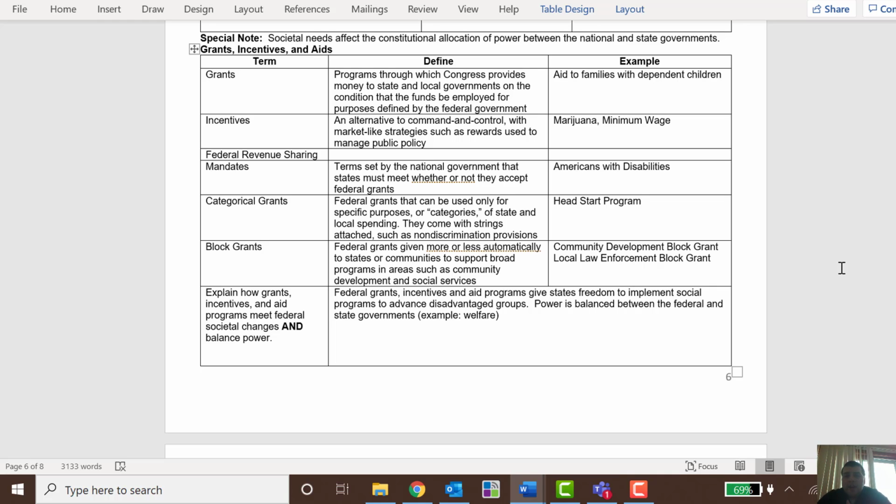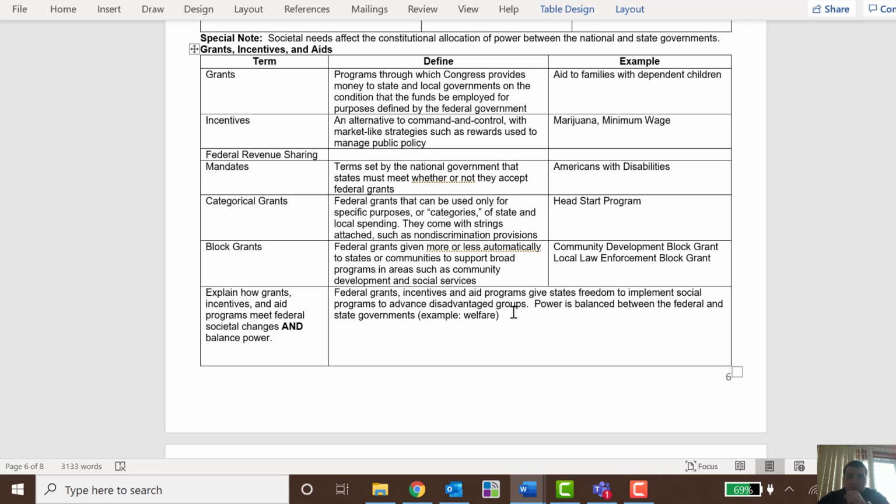So if we have a grant that's considered a block grant, given out by the federal government, it's basically going to be able to be used by the state or local government however they see the best fit for it. Okay, so like the Buffalo Billion is used to develop Canalside and things like that. So not as many strings attached. So if you're a state or a local government, you would much rather get a block grant from the federal government than a categorical grant because you can use the money really however you want. Okay.